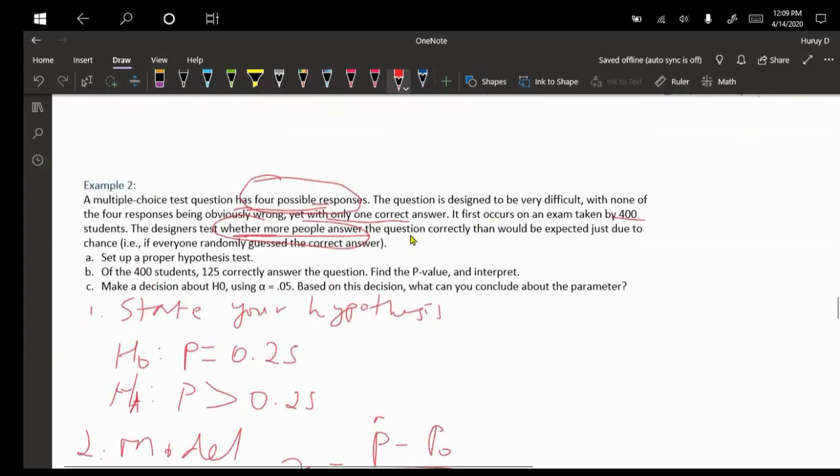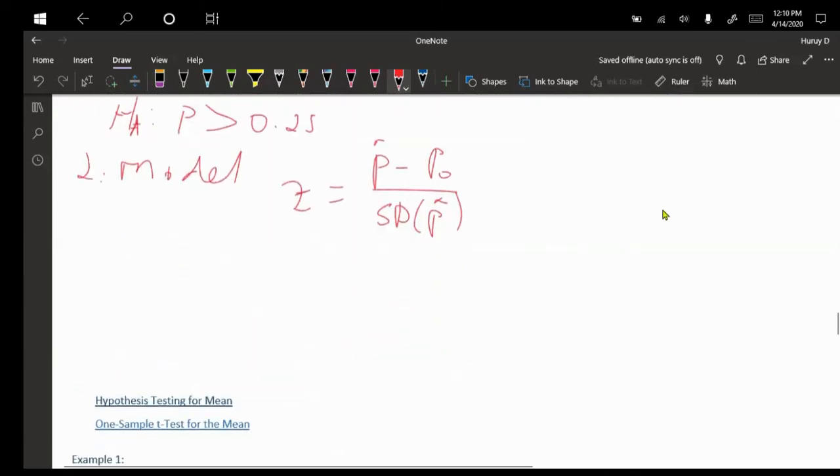And the conditions, we're going to assume they are satisfied just for the sake of doing this problem. And of course, if we are talking about a very big number, then this 400 would not be that large. So let's just jump to step 3, the mechanics.